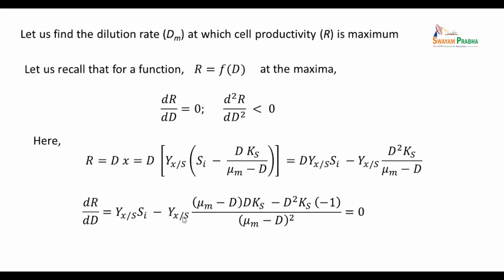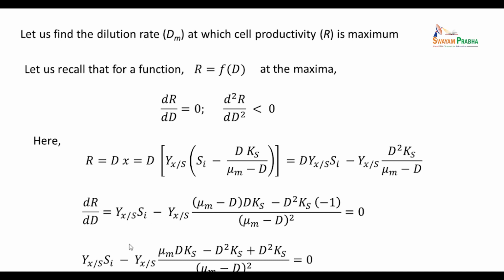If you take Yxs common out here, you can use this a by b form: the denominator into the derivative of the numerator function minus the numerator into the derivative of the denominator function, divided by the denominator function squared. So the denominator is mu m minus D, the derivative of D squared Ks is 2D Ks, and then minus the numerator, D squared Ks, times the derivative of the denominator, which is just minus 1 here, divided by the denominator squared, (mu m minus D) squared, and that equals 0.